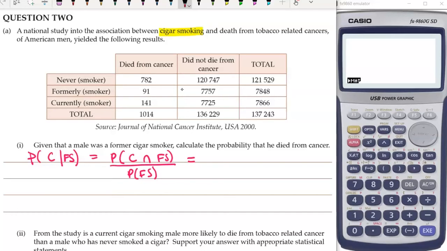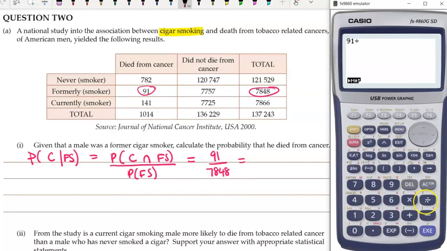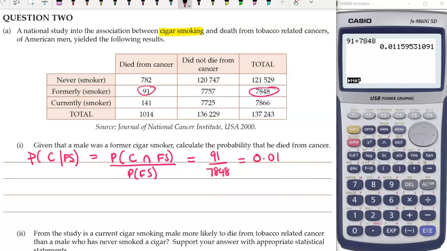Okay, so died from cancer and a former smoker is 91 out of the possibility that they were a former smoker, which is 7848. So 91 divided by 7848 is 0.0116.